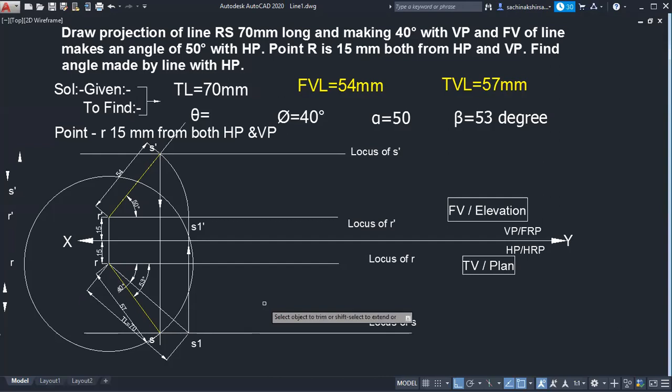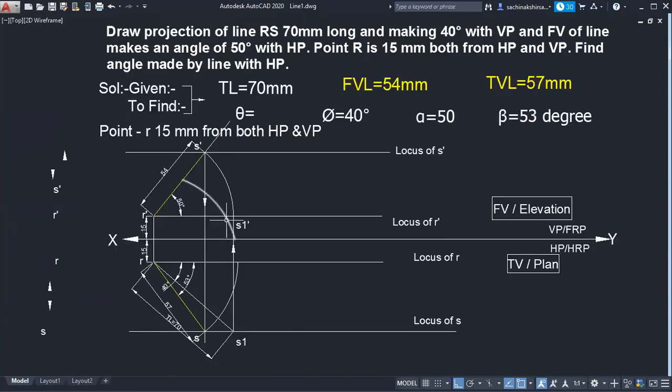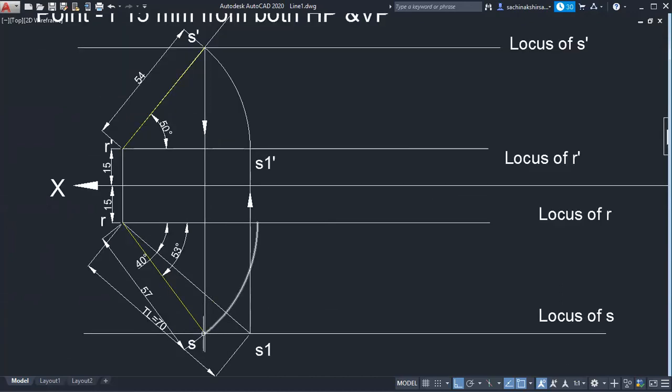I drew one arc from R up to here and then go straight directly up to here. No problem, this method is also correct, but your construction will increase a little. That's why I was telling some other method.